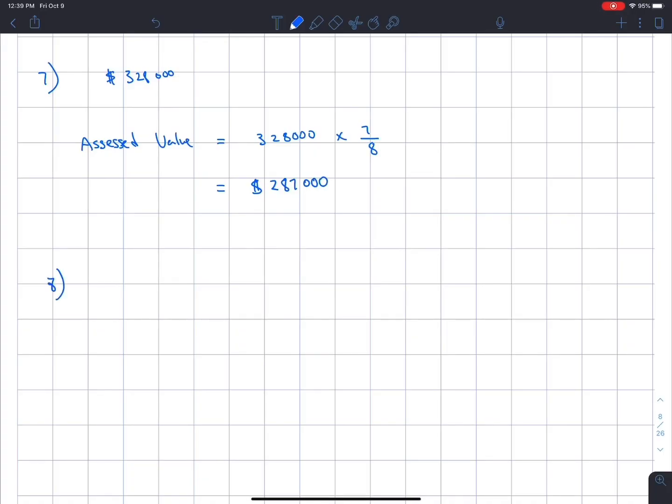Of the students in high school, 4/5 have cell phones, and 1/4 of the students with cell phones play on a school team. What fraction of students in a high school play on a school team? So we have 4/5 of the students have cell phones. And 1/4 from these students play on a school team.